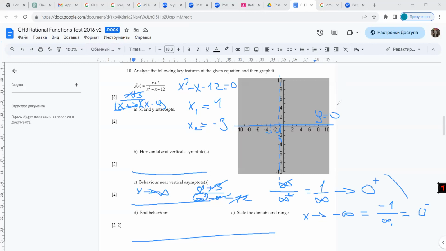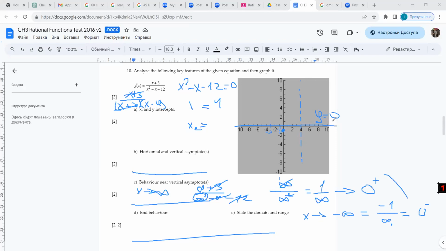We have no x-intercept, and we have y-intercept at 1 over, oh sorry, 1 over 4 is not a vertical asymptote. Our vertical asymptote is x equals 4, right? X equals 4. 1 over 3, oh, -1 divided by 4, -1 divided by 4 would be the y-intercept.